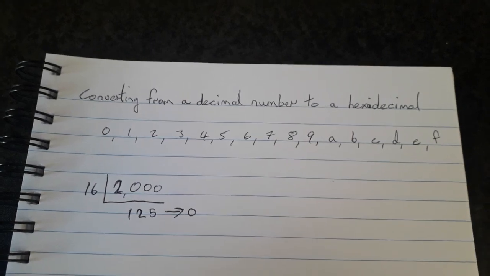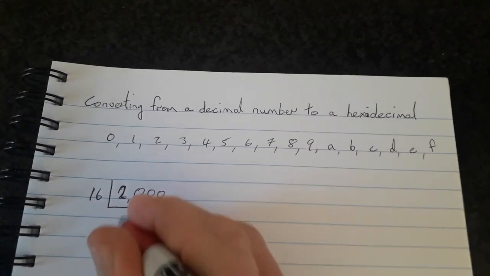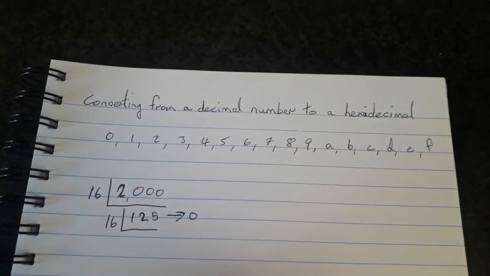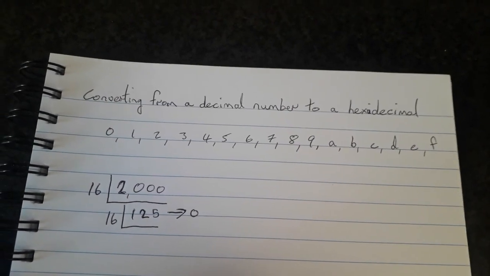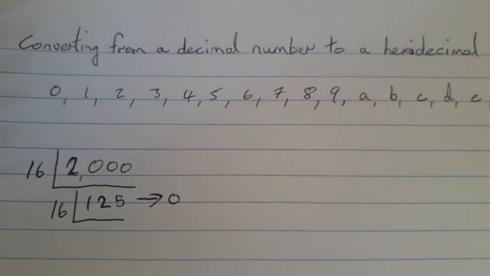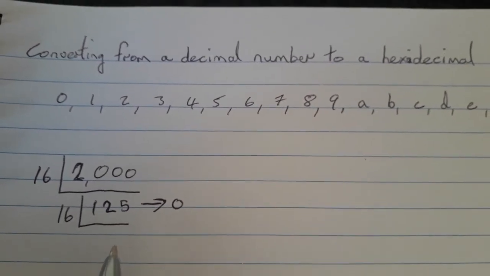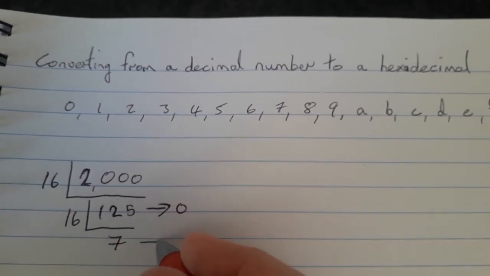The next thing is, whatever we got when we did the first division, we divide that again by 16. This time it's not going to go in evenly, and using the calculator, we get 7 point something. In other words, it goes in 7 times with some remainder.